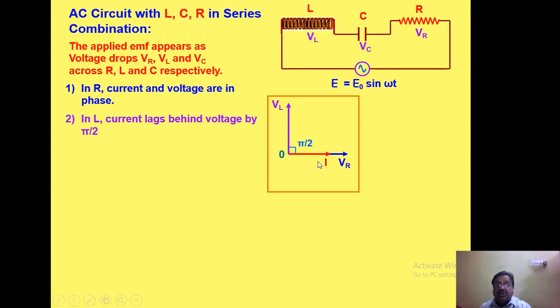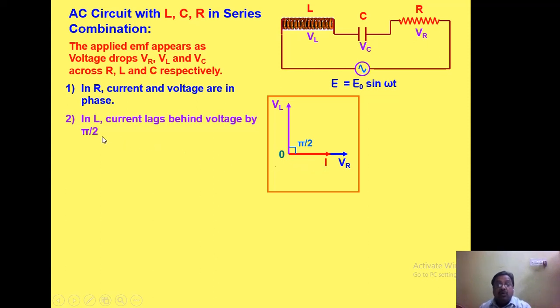So in the phasor diagram, you may represent current I and voltage VR along the same line. If the circuit is purely resistive circuit, as you have seen in your last class, voltage or EMF and current are in same phase. In your previous lecture it has been discussed in detail.